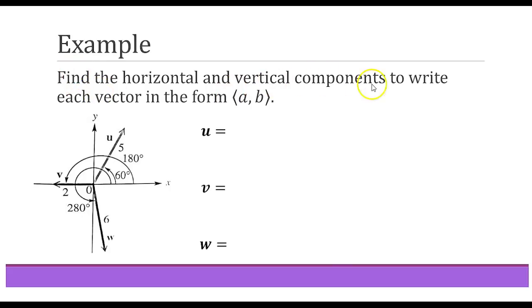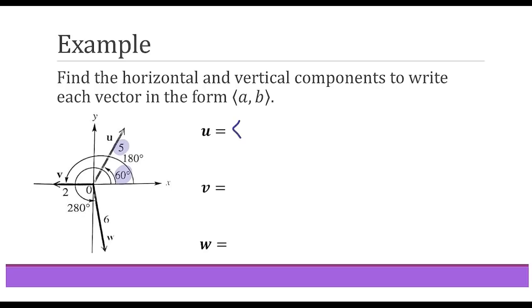Find the horizontal and vertical components to write each vector in the form a, b as a position vector. So we have our vector u here, and we see that the magnitude of u is 5, and the direction angle here is 60. So we're focusing on these two pieces of information.